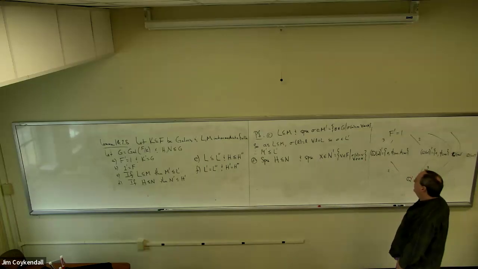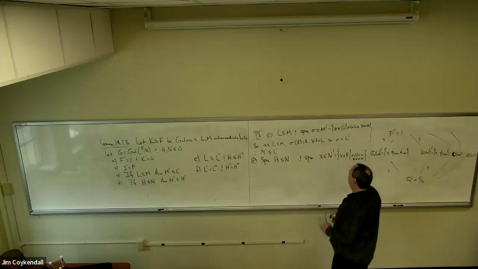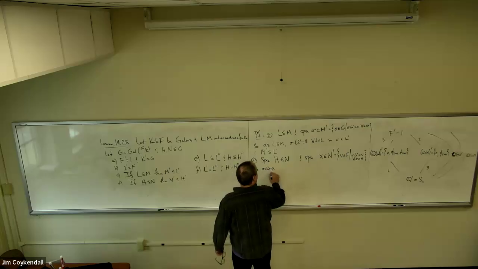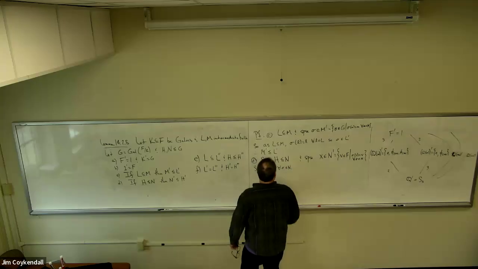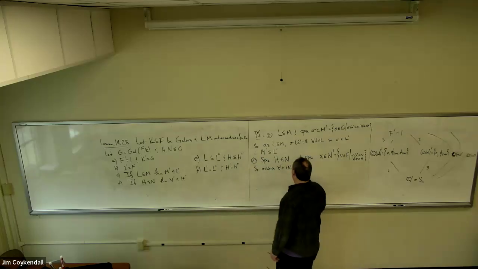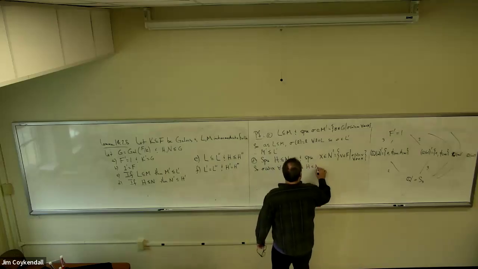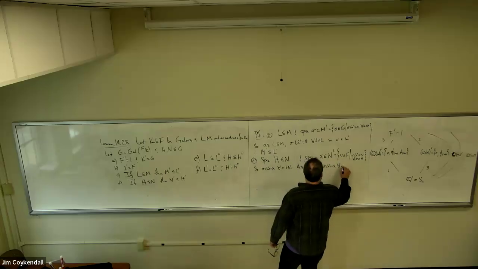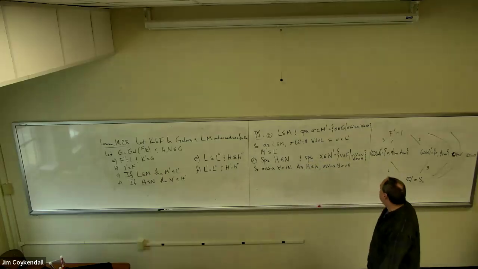Okay, so this means that x is fixed. So x living here means that sigma of x equals x for all sigma in N. So as H is contained in N, sigma of x equals x for all sigma in H as well, because H is potentially smaller.